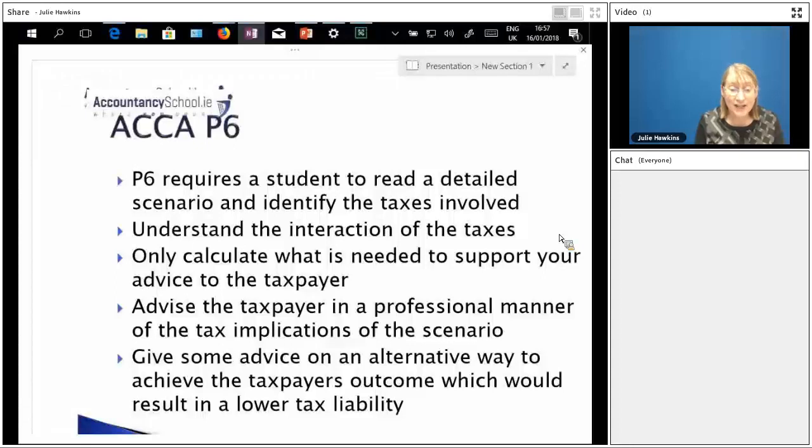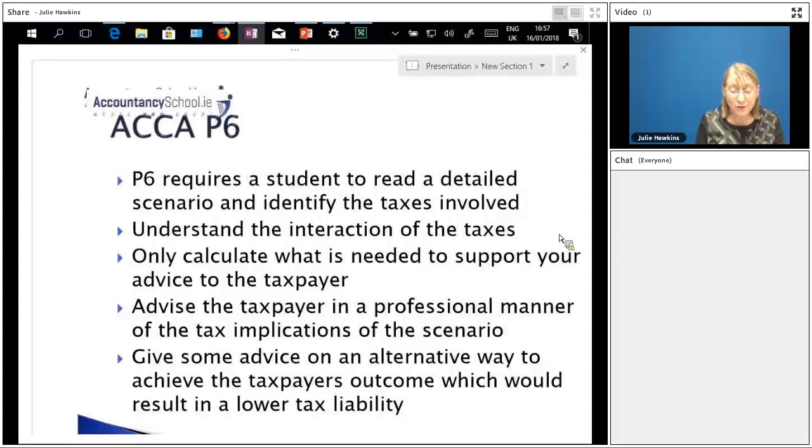It won't actually tell you the taxes to calculate. That's the first thing. Plus, each question will be on a multitude of taxes. So there could be 4 taxes involved in the scenario, and you have to understand how these taxes interact with one another.